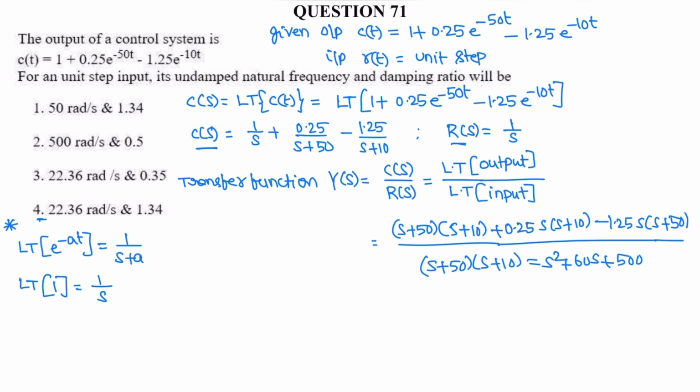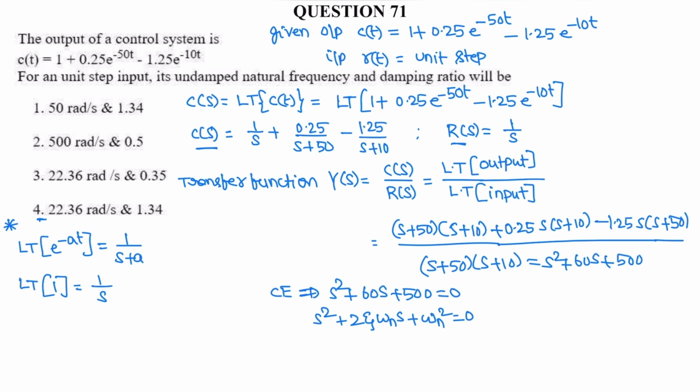Now the characteristic equation is the denominator of the transfer function. So the characteristic equation is s square plus 60s plus 500 equal to 0. Compare it with the standard second order form of the characteristic equation, s square plus 2 zeta omega n s plus omega n square equal to 0.